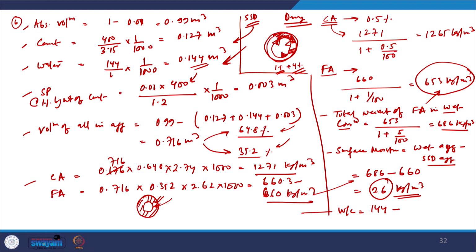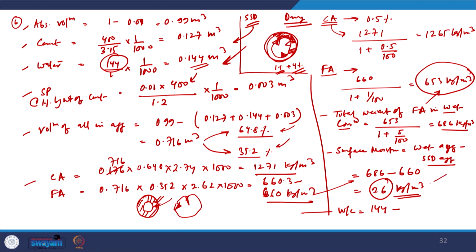But the water which is inside the pores is not available. In the SSD condition, whatever we calculated, 144 kgs per meter cube, we calculated considering the presence of surface moisture.